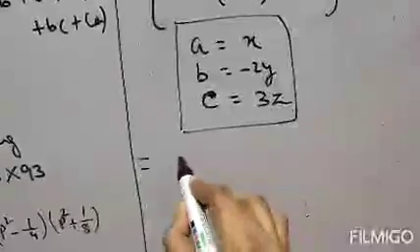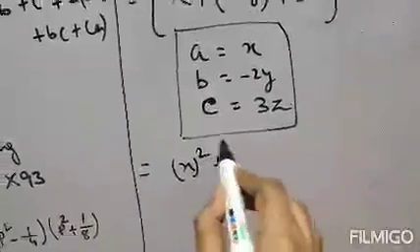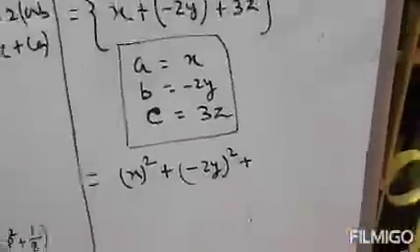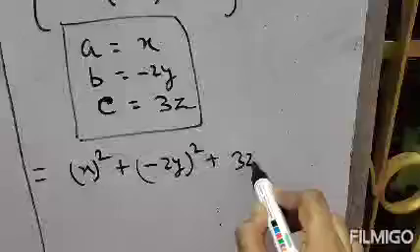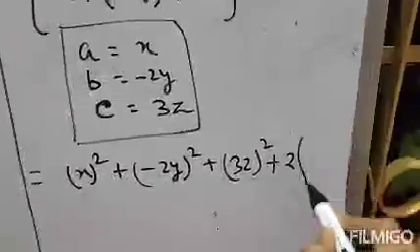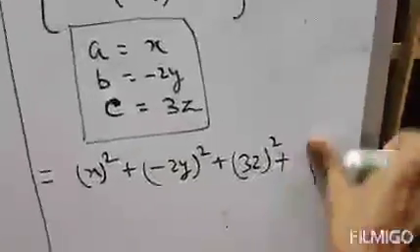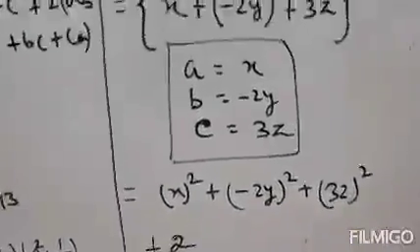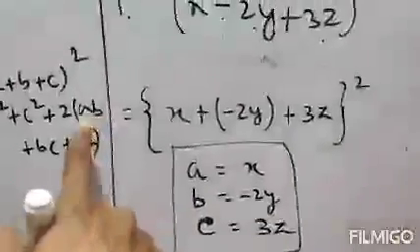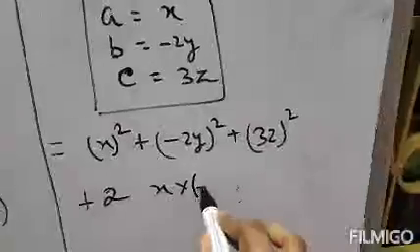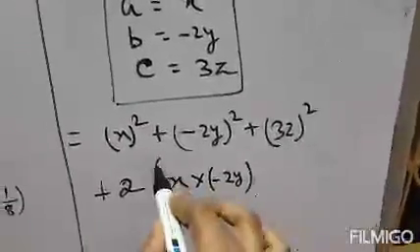Now a is x, so x square plus b square, b is minus 2y, plus c square, c is 3z, plus 2 and bracket ab plus bc plus ca. ab means a into b, so a is x and b is minus 2y, so this is ab.